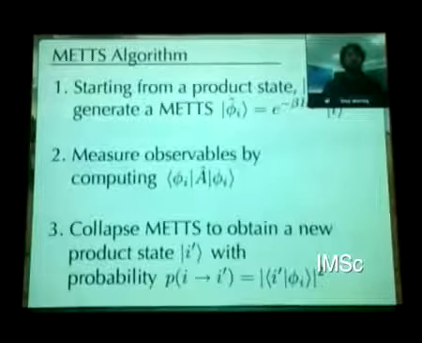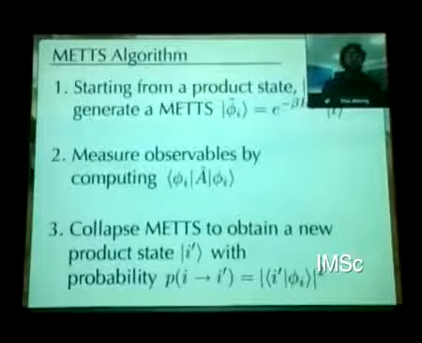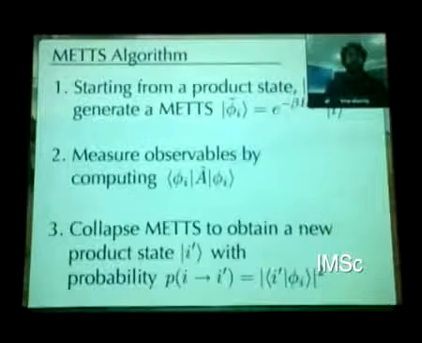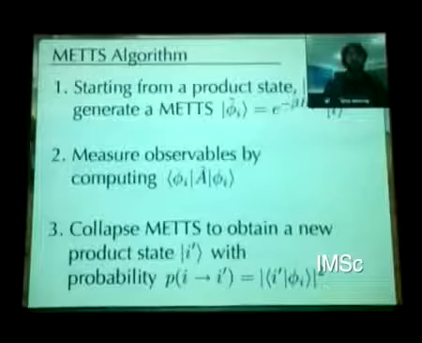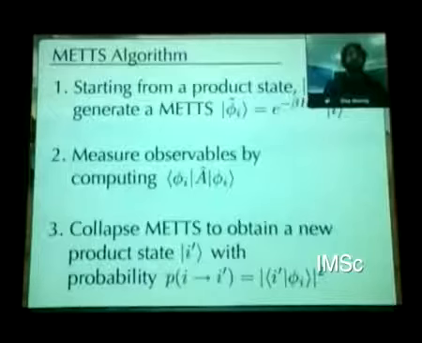Yes, we have. I don't have the numbers in front of me. But certainly we've seen that if you take beta large enough, you always reach the ground state. I see. That's interesting because you start with some product state, then one operation rotates you into the nearly ground state. That's right.